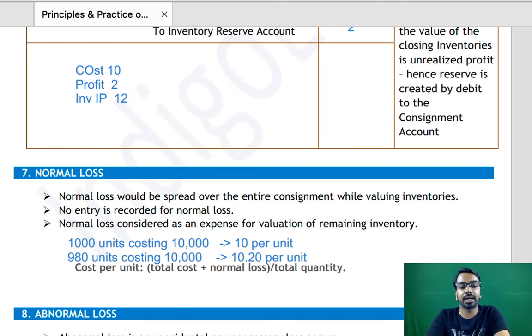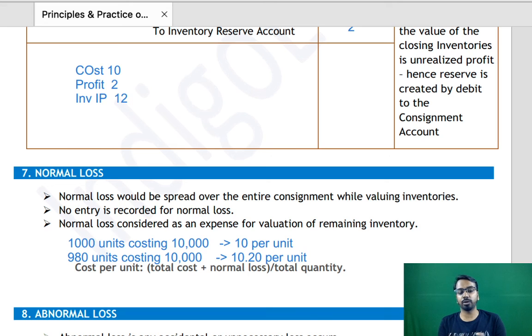So, we credit the consignment account and debit the abnormal loss account. This is the first entry you should remember.